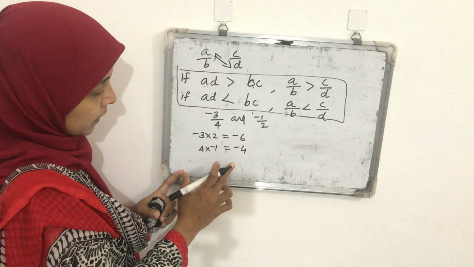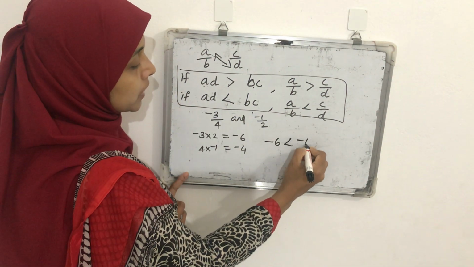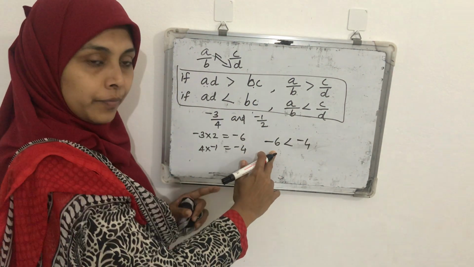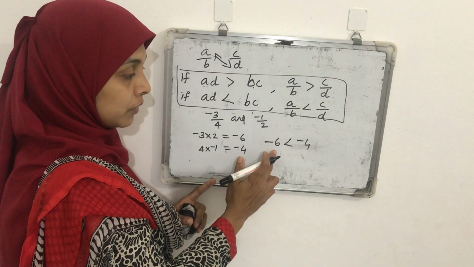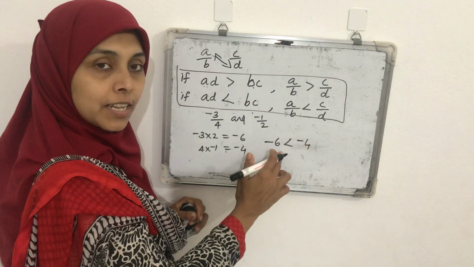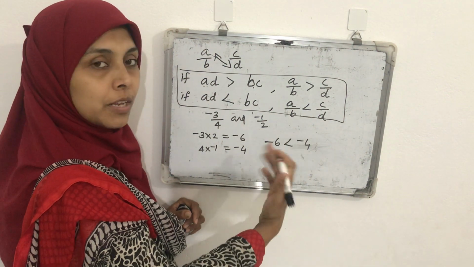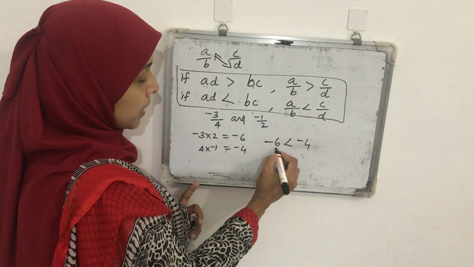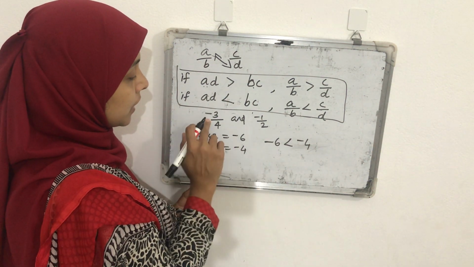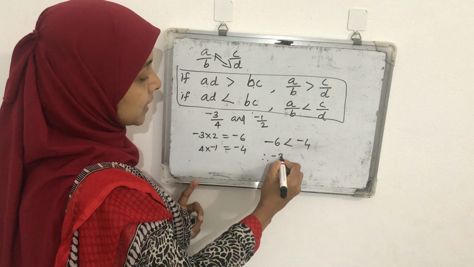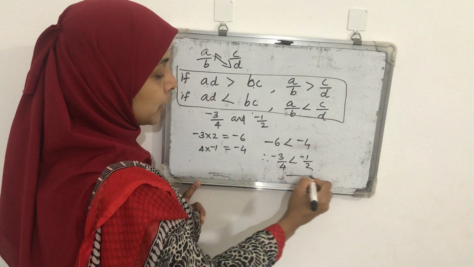So minus 6 is less than minus 4. When we consider the integers minus 6 and minus 4, minus 6 is smaller and minus 4 is greater. So which is the first rational given? Therefore minus 3 by 4 is less than minus 1 by 2.